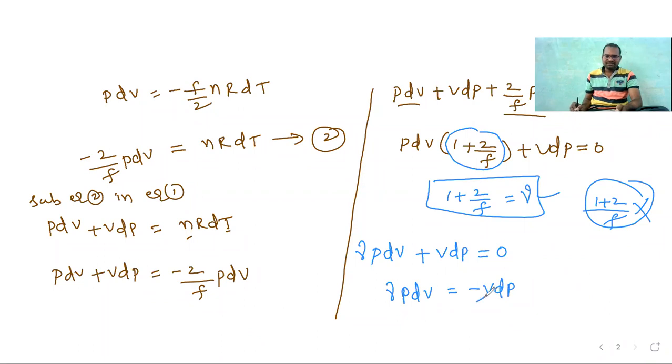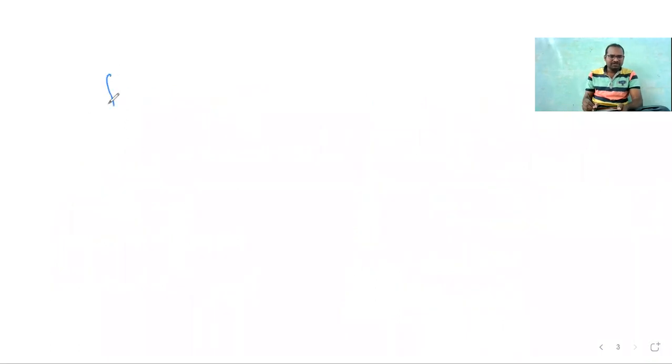Clear? Yes. V send this side, P send that side. You will get gamma dV by V is equal to minus dP by P. Correct? Yes. Now let us integrate this equation. Integration of gamma dV by V is equal to integration of minus dP by P. Gamma is constant, it will come out.